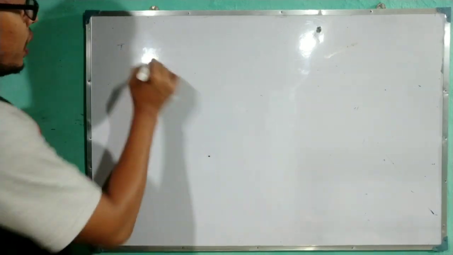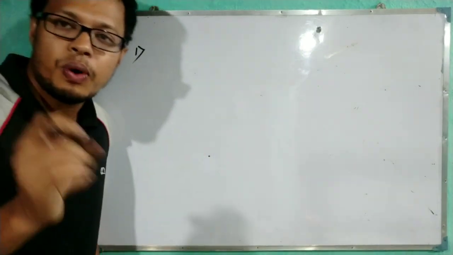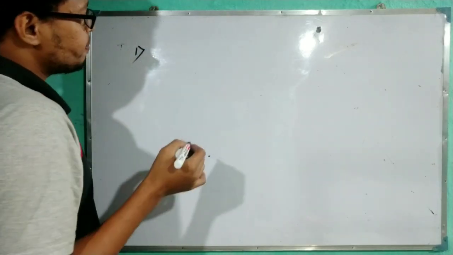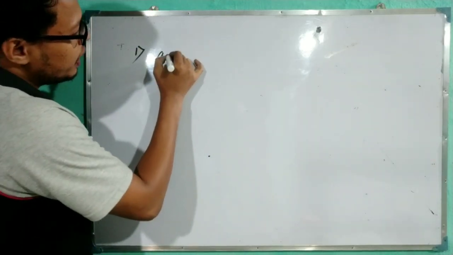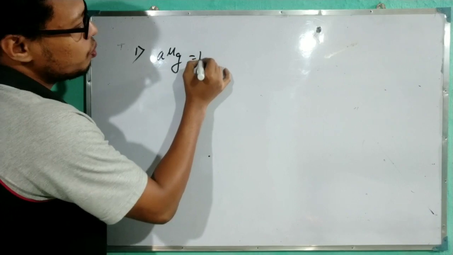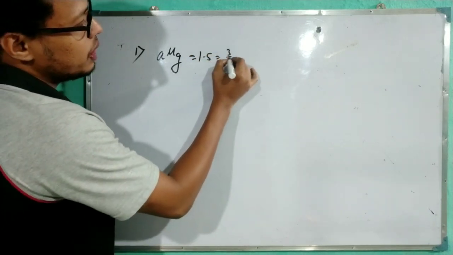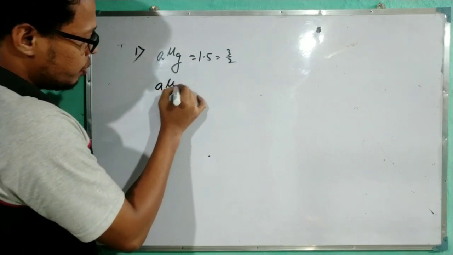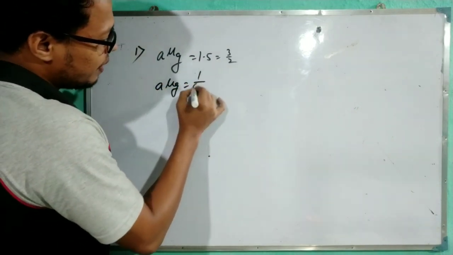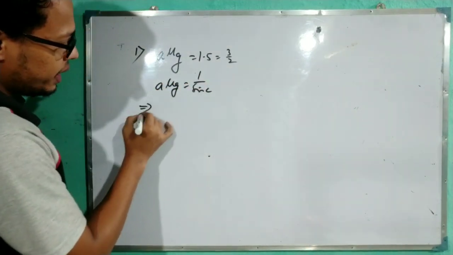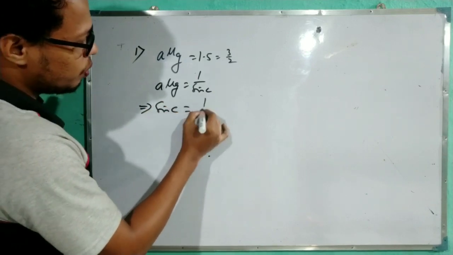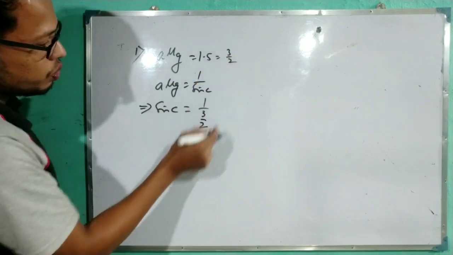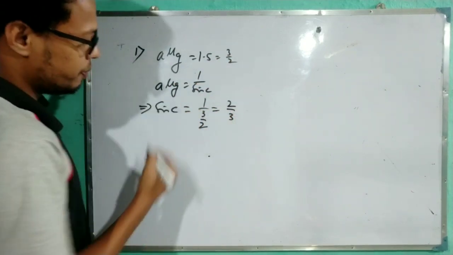Next, let us find the critical angle for glass and for water. We know the refractive index for glass is 1.5, or 3 by 2. The relation is A mu G equals 1 by sin C, so sin C equals 1 by 3 by 2, which is 2 by 3.